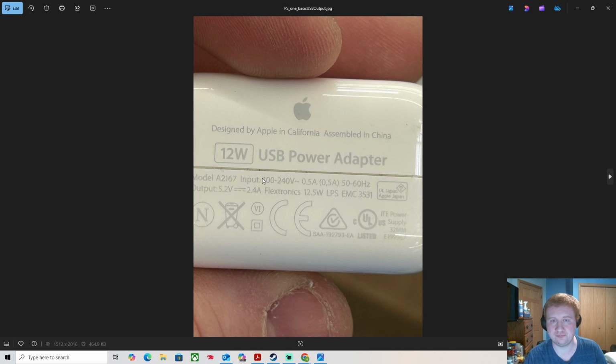Anyway, what this means is this system is regulated to output 5.2 volts, an exact amount. It's probably within extremely low tolerance. That 5.2 is probably going to be pretty exact, and it can output a maximum of 2.4 amps.